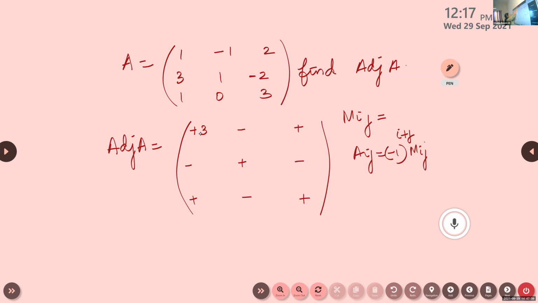How will you find the cofactor? Leave the row and column. You'll be getting a 2 by 2 matrix. You find the value of that 2 by 2. Again for the next one, 9 plus 2. Is it minus 11? Aishwarya, is it correct? Yes, ma'am. And for the next one, minus 1.